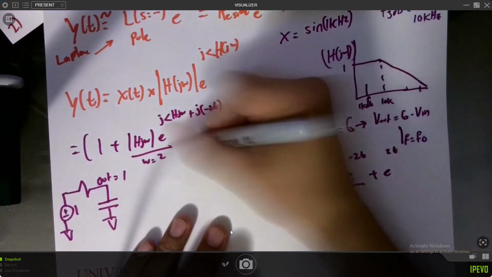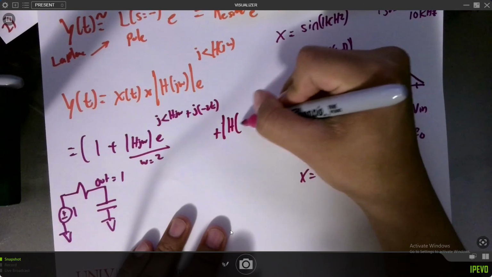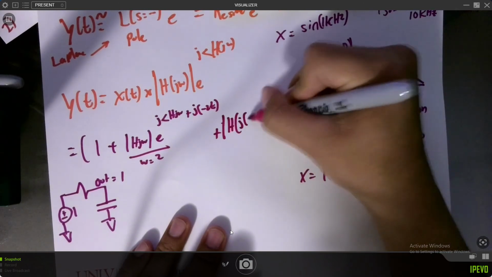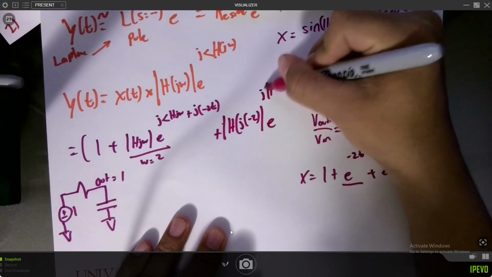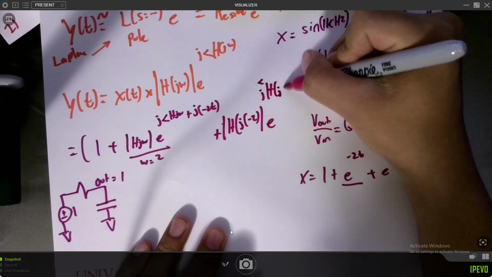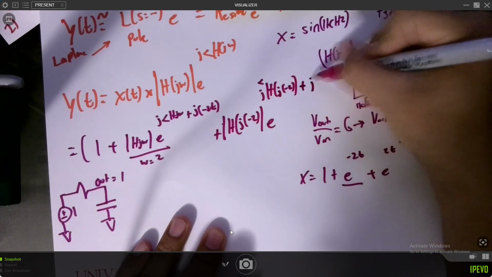Yes. Then plus H(j of minus 2) e to the j of the angle of H(j minus 2) plus j2t.